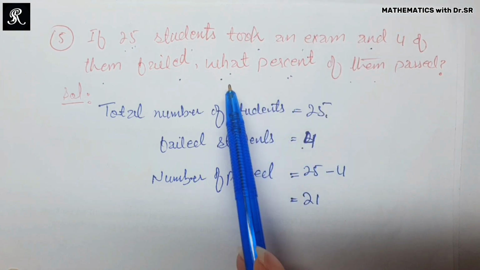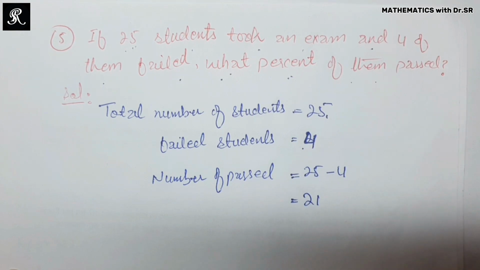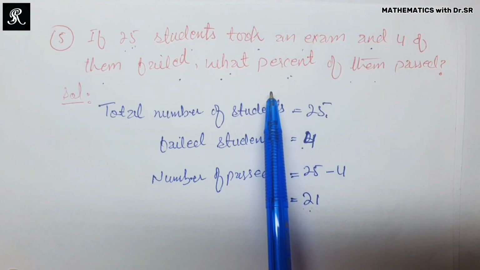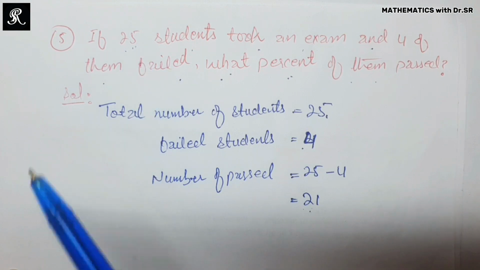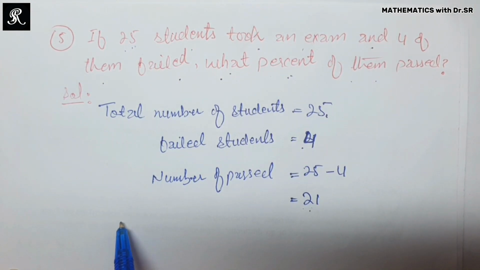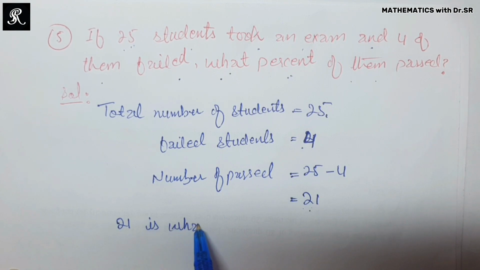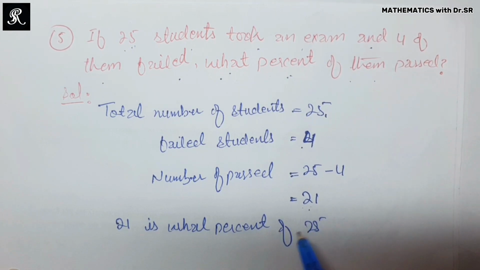But the question is about the percent. What percent of them passed? So we need to know that this 21 is what percent of total students. So total is 25. 21 is what percent of 25.